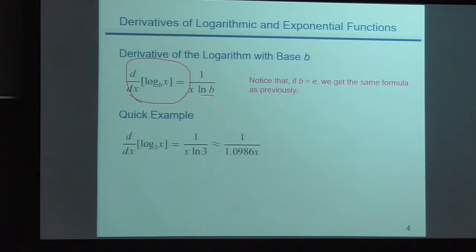Then you have to figure out what ln of 3 is. Which is more general, this screen or the previous screen? This screen, because it is for any b, including the previous case, which was when b is e.